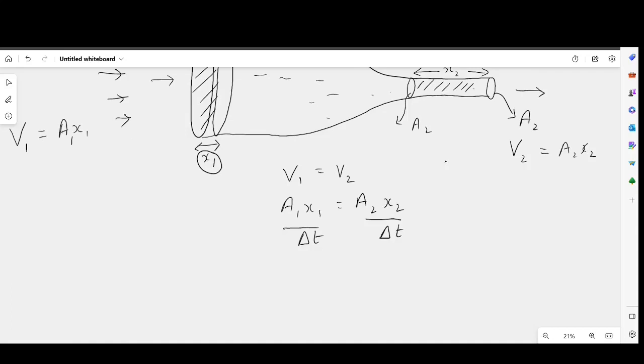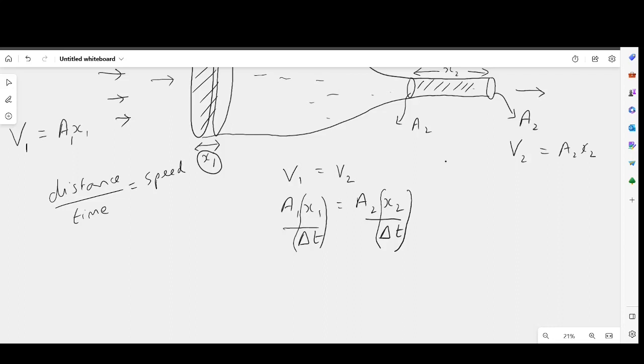So if you notice this bracket, x1 by delta t and x2 by delta t, what do they tell us? What is distance upon time?